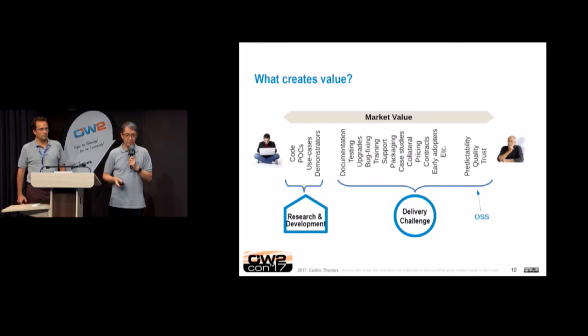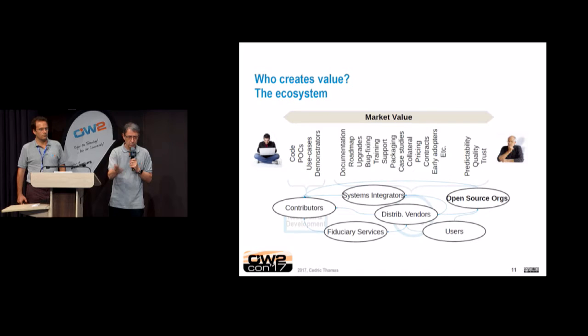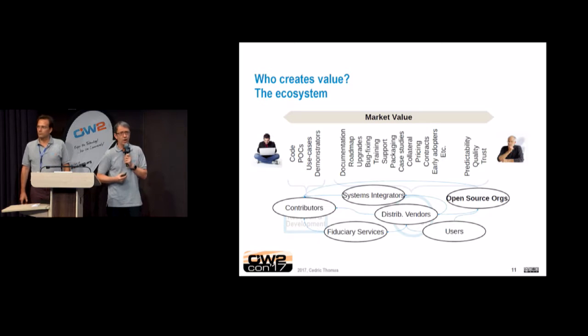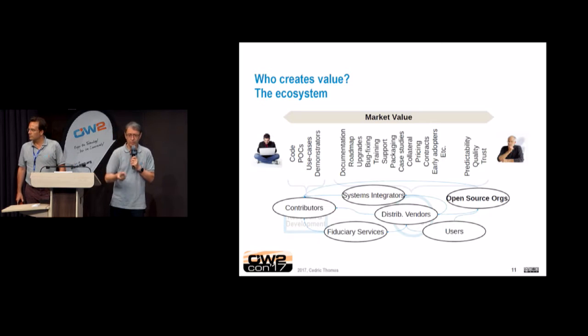And who creates this value? It's the ecosystem. When we talk about open source, we have, of course, the contributors contributing, but we also have companies that help support the developers. We have the systems integrators that we met yesterday, who integrate the software into business solutions.